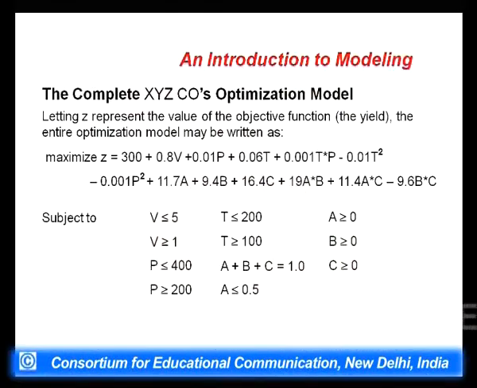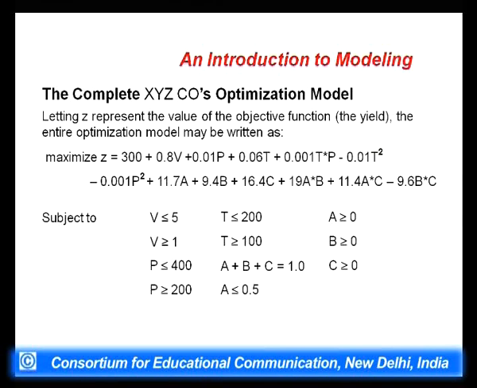So, the complete XYZ company's optimization model will now be: maximize the function. That function is giving us the yield of the process, maximize Z. So, again we are writing the same equation in the form of a mathematical equation, subject to some constraints. All these constraints which we have already discussed will be put together.